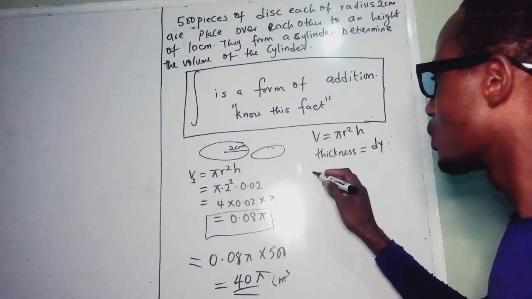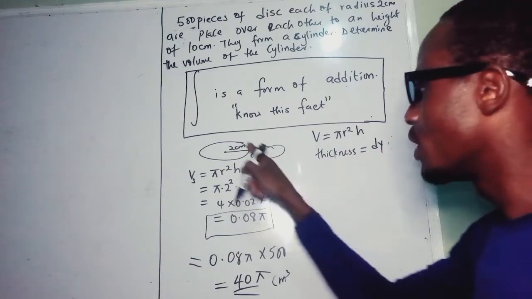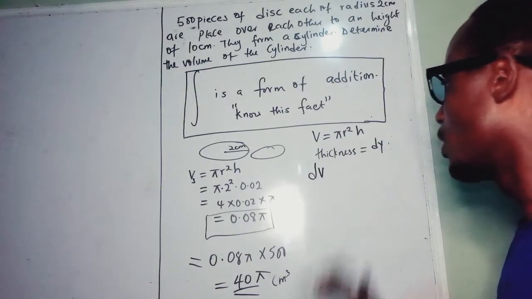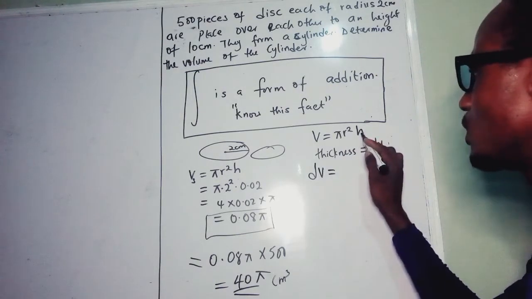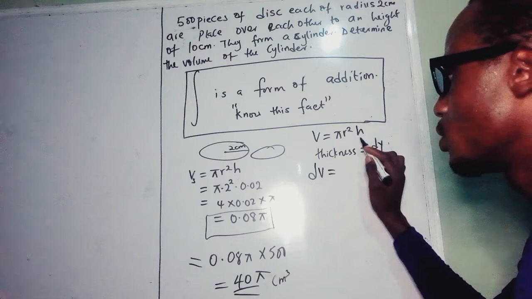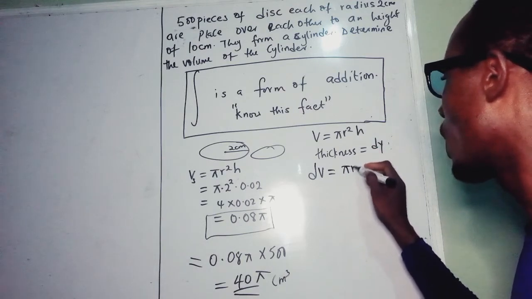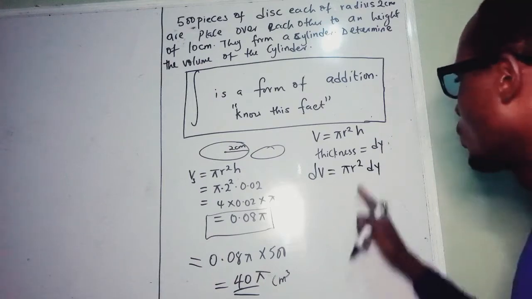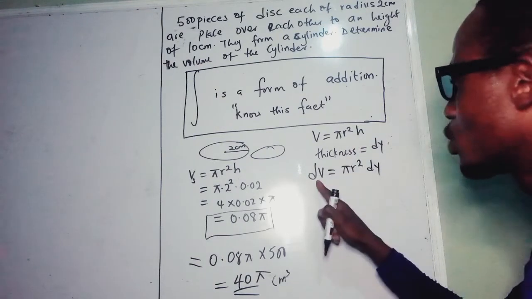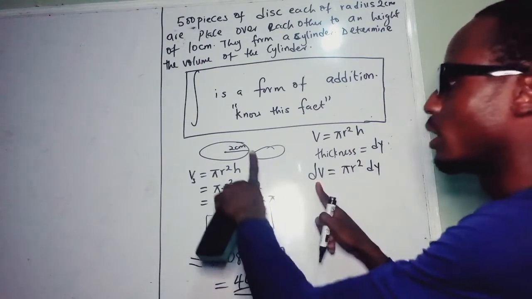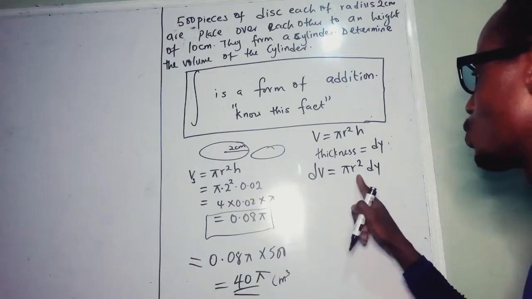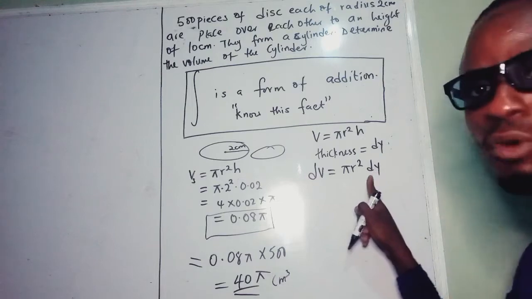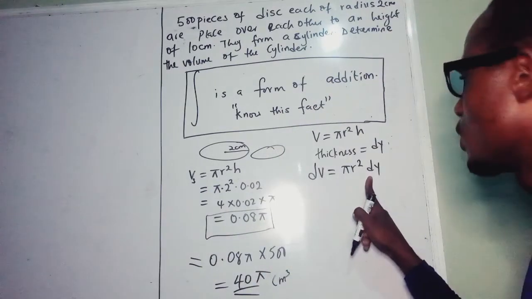So the volume of that small disc will be dv, which is equal to pi r squared dy. That is the radius squared multiplied by the small thickness, which is the height of the disc.